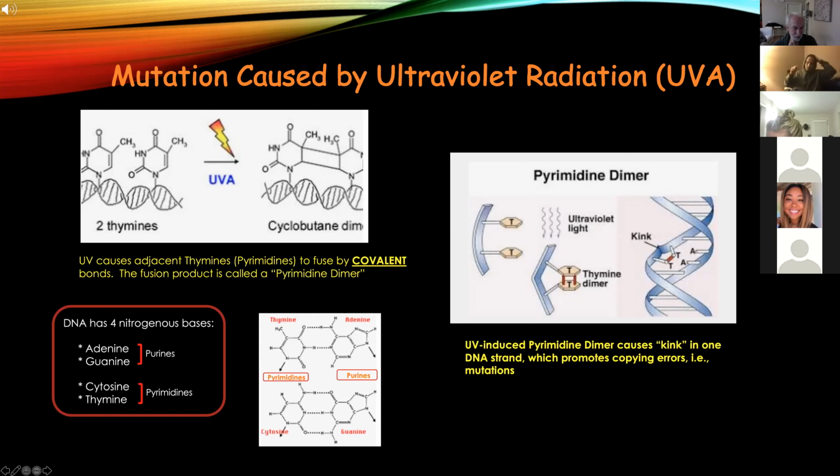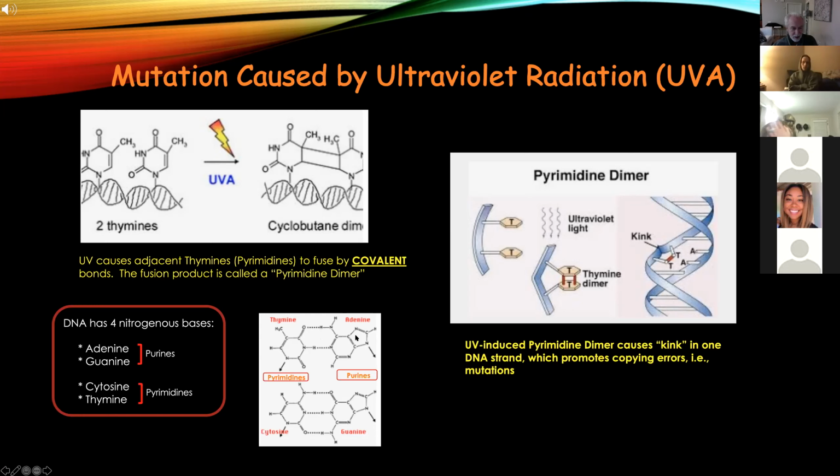So what is a pyrimidine? Well, we have to reclassify the 4 nitrogenous bases. Adenine and guanine are purines. Cytosine and thymine are pyrimidines. Pyrimidines do not bond to themselves, and purines do not bond to themselves, but they do bond to each other, by hydrogen bond.